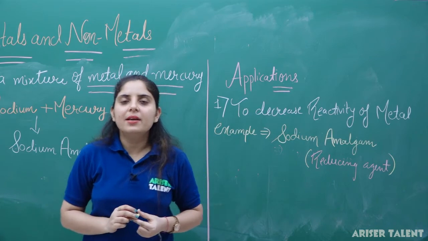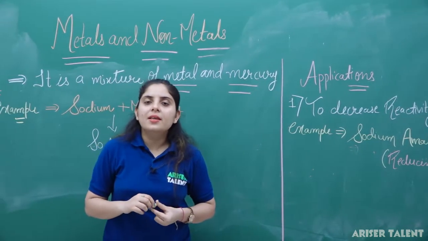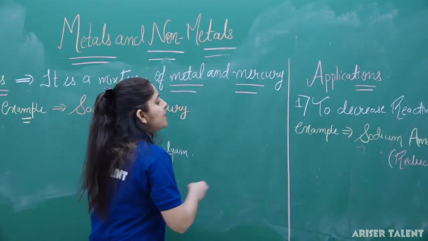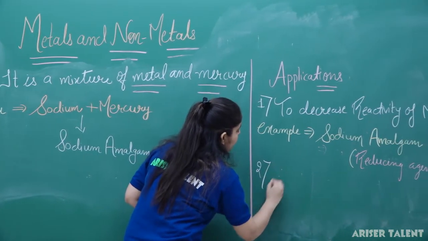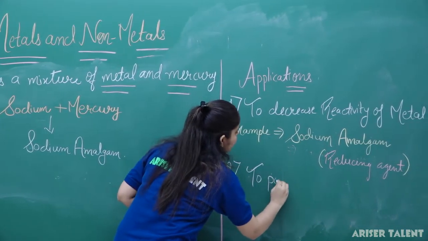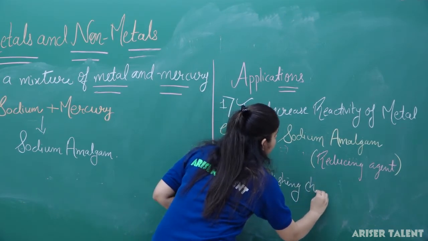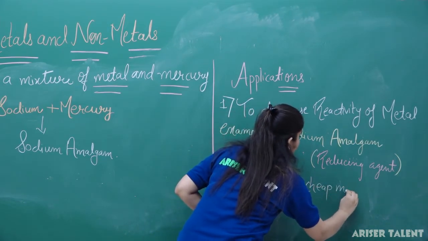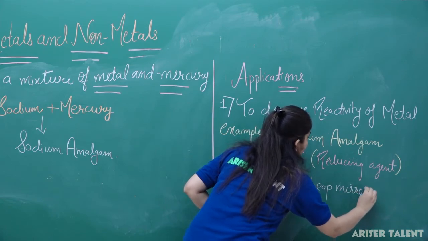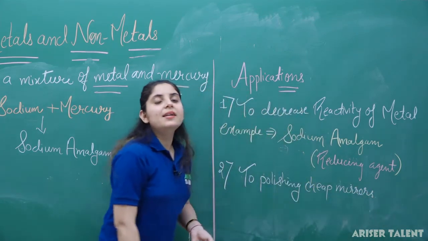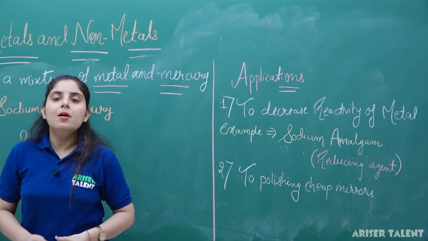The second application is that it is used for polishing cheap mirrors, or we can say that it is used for silvering the mirrors.